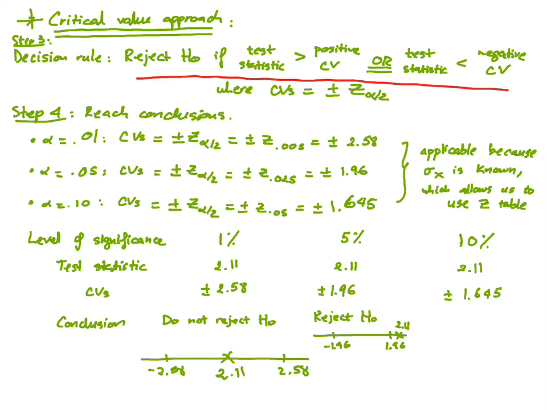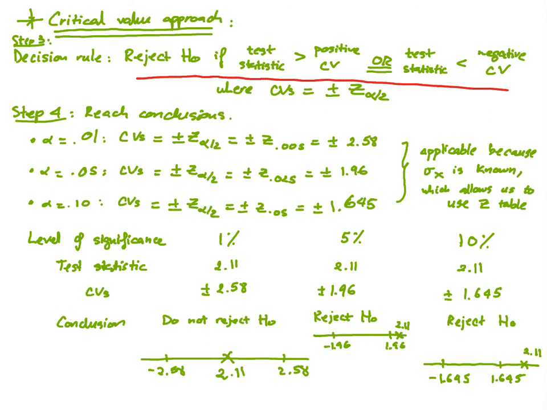And then at 10% level of significance, we have negative 1.645 and 1.645. 2.11 falls to the right of 1.645. That means that the test statistic is greater than the positive critical value, and so we also reject the null.